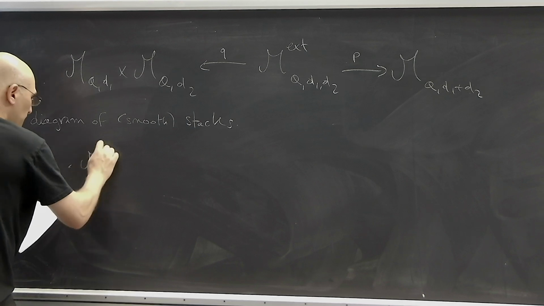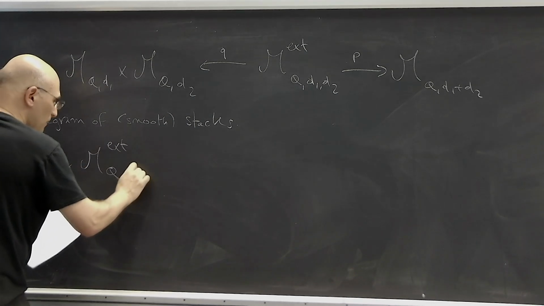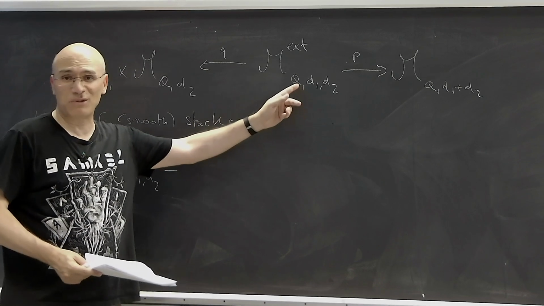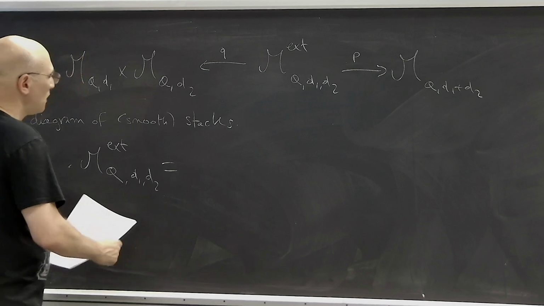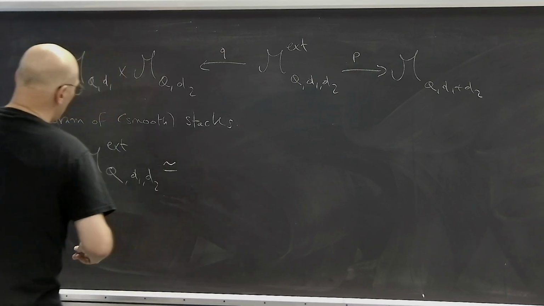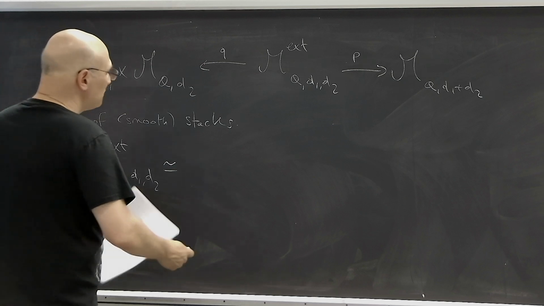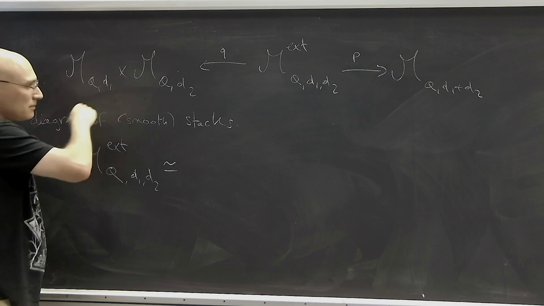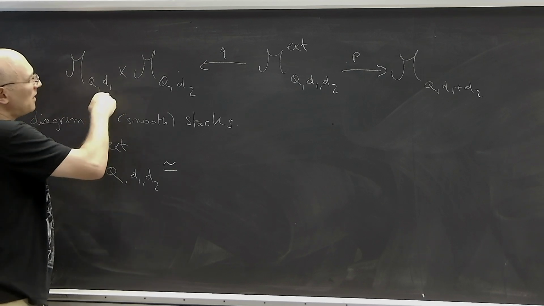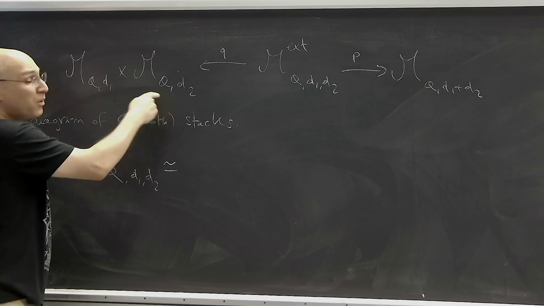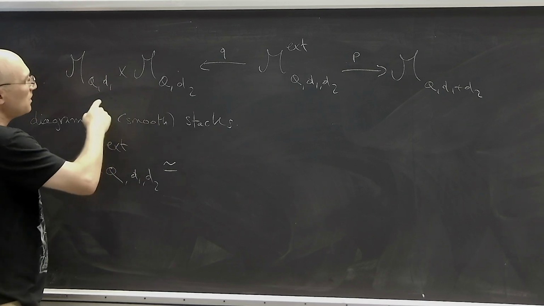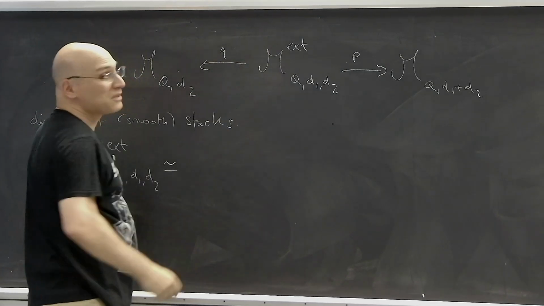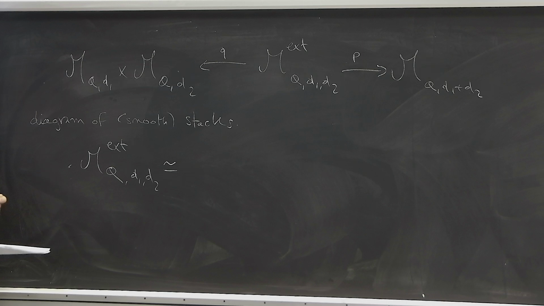Well, first of all, this is defined as a stack parameterizing short exact sequences, but you can identify it with the total space of a certain complex over this pair of stacks. So imagine that I have 2 points here over some test scheme. And so the fiber of this, as we said, is some x1 divided by hom.